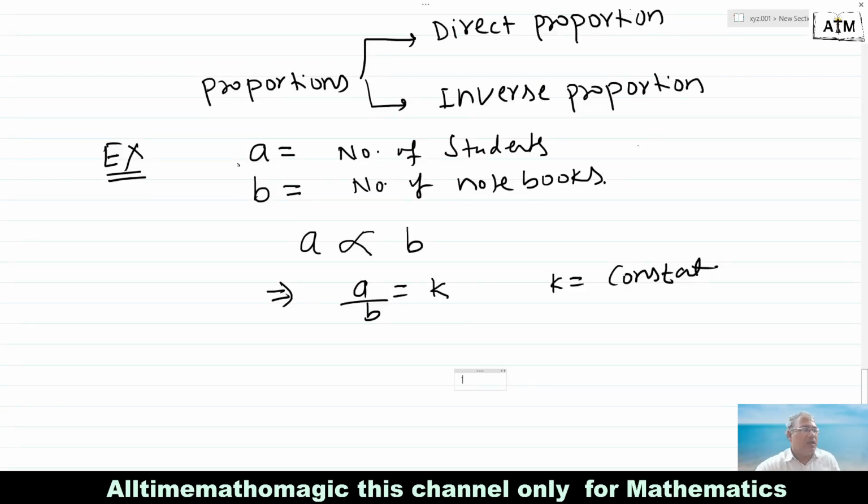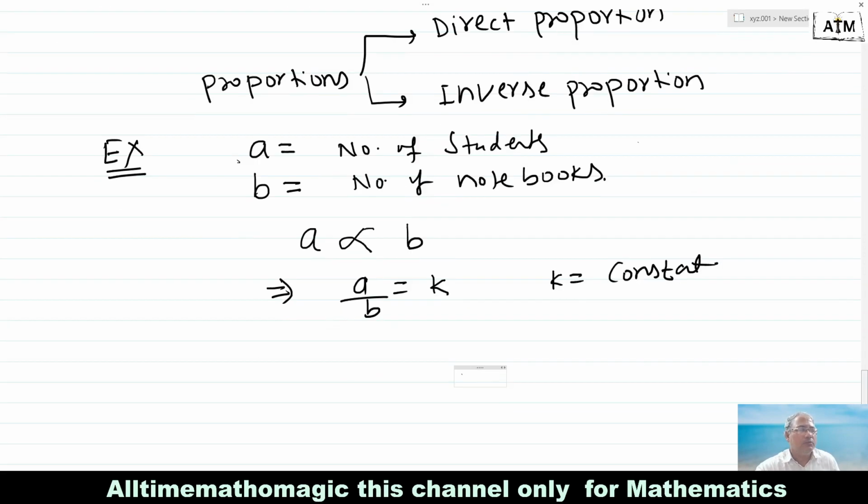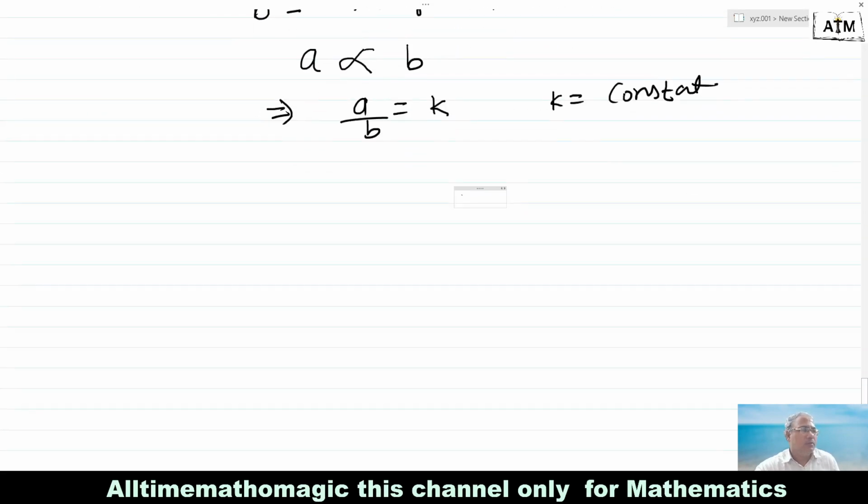Now we will consider an example of inverse proportion. Nowadays we are using electric vehicles, electric buses, electric cars. As the electric vehicles increase, the pollution decreases. That means one increases, another decreases. This type of proportion is called inverse proportion.